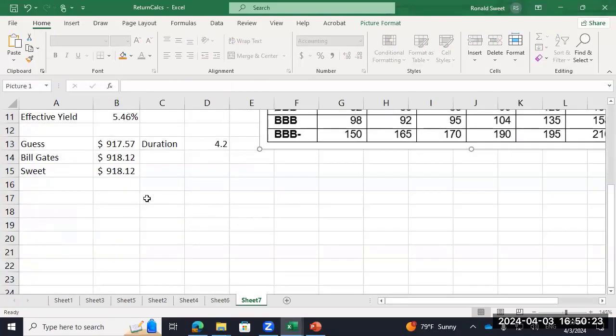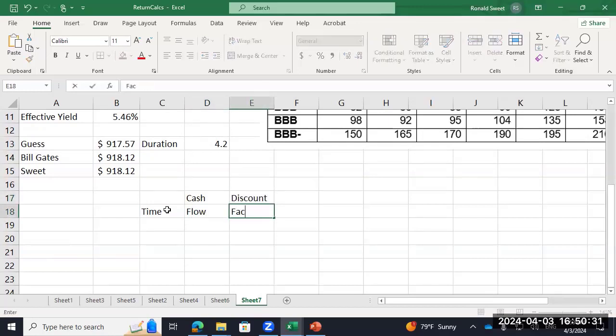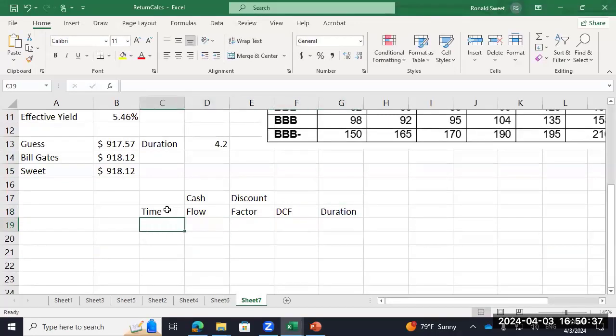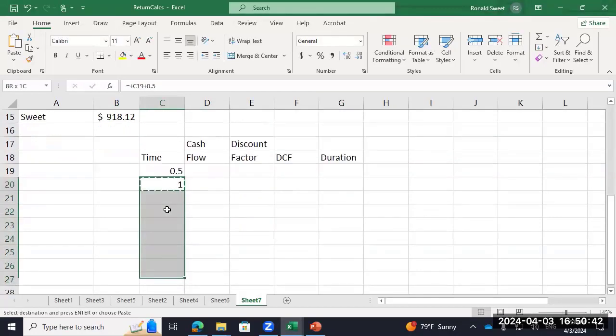But I want you to be able to visualize it and be able to calculate duration. So we've got time, cash flow, discount factor, discounted cash flow, and then we'll do duration. So here, 0.5. You go out 5 years.